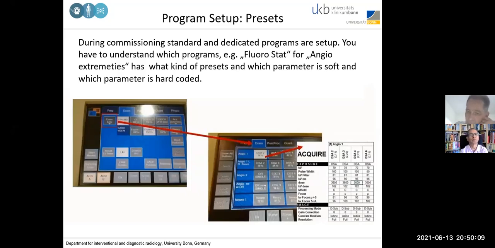In the lower right corner, you will see that for DSA2, DSA3 and DSA4, you have differences in the focus size, and you may have the same kV, but definitely different focus sizes used for this investigation. So you see, different acquisition programs will have a different output. And now we come to the problem: how many of those programs should be checked?